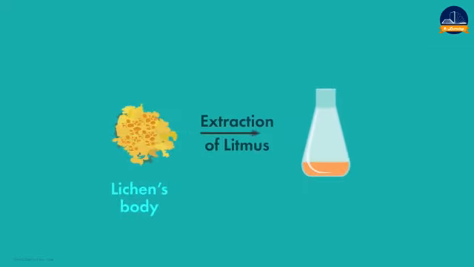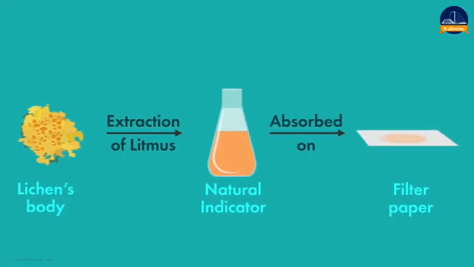So, the substance extracted from a lichen body called litmus is used as a natural indicator to detect the acidic and basic nature of a solution. The litmus obtained from the lichen's body is absorbed on a filter paper. This paper made with litmus on it is used as an indicator for detecting acids and bases.